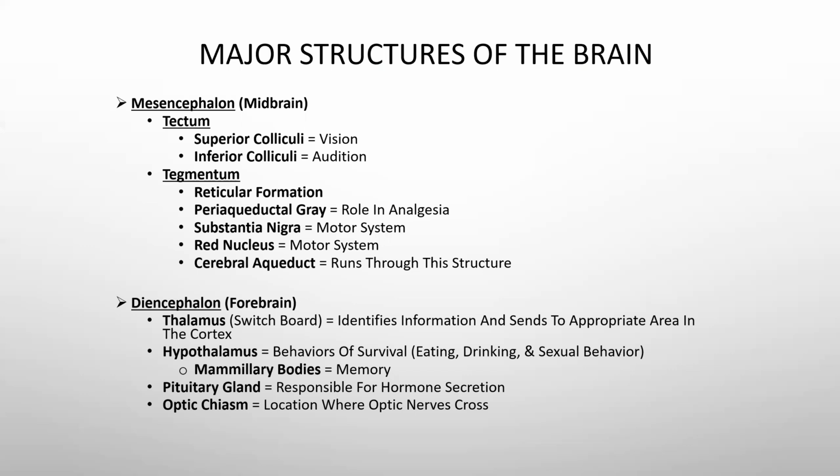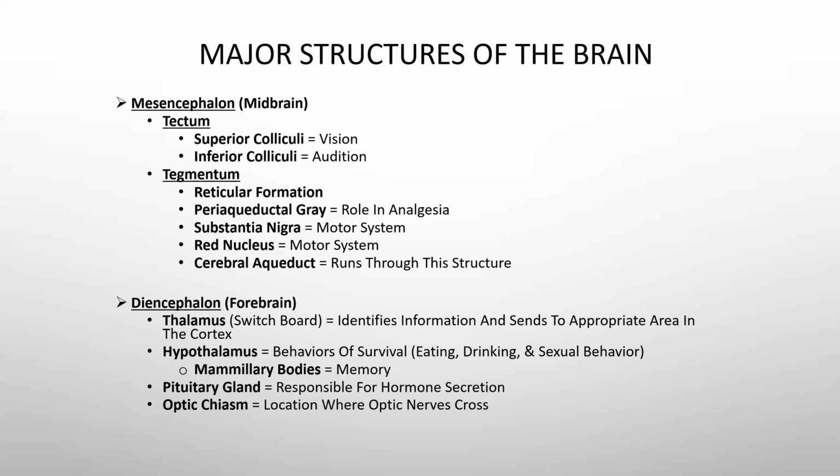Under tectum, we look at the superior colliculi and the inferior colliculi. Okay. So superior colliculi is for vision, inferior colliculi is for audition. Under tegmentum, we have the reticular formation again. So again, sleep and arousal, right?